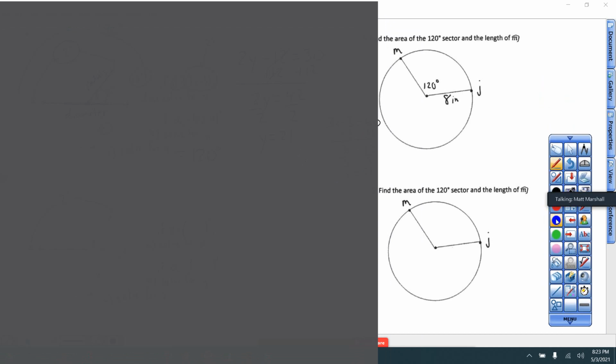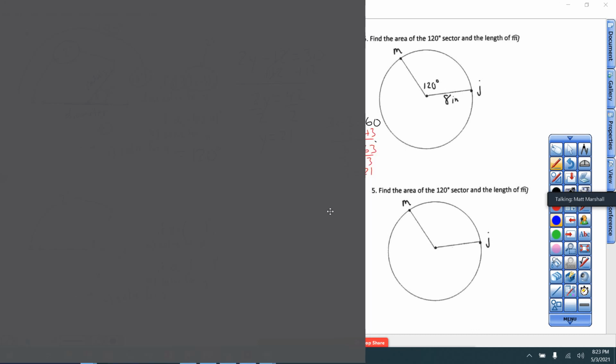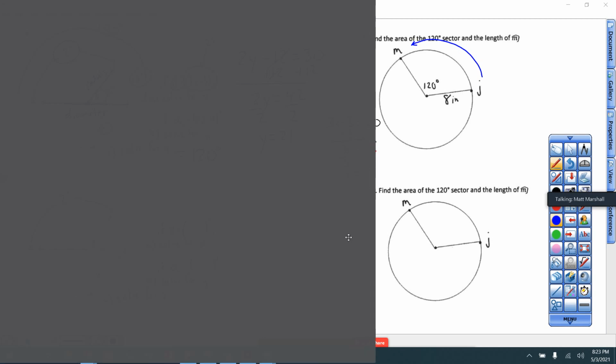Because when I did arc length, what I did for arc length there, and I'm not sure if you did this, but for a circle all the way around, it's 2 pi r, right? That is all the way around the circle. Diameter.